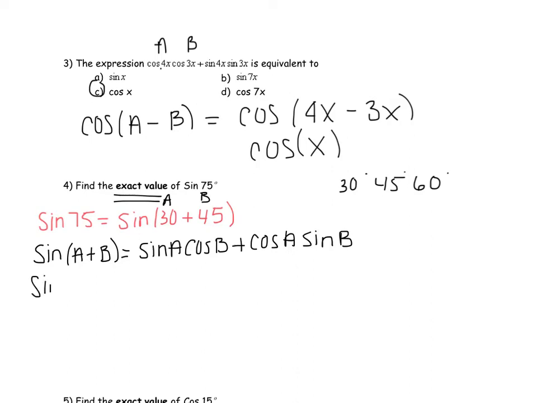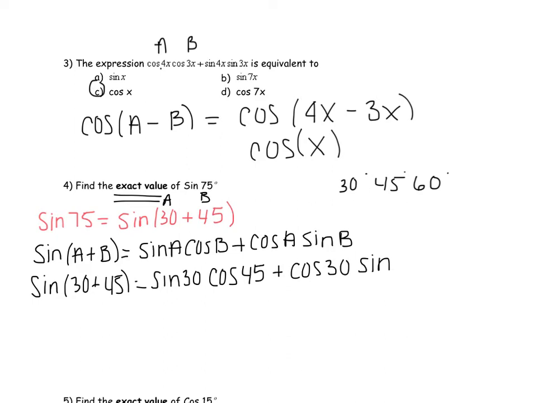So we want to find sine of 30 plus 45. Sine of 30 is A. Cosine of B, B is 45. Plus cosine of A, where A is 30. Sine of 45, where B is 45.